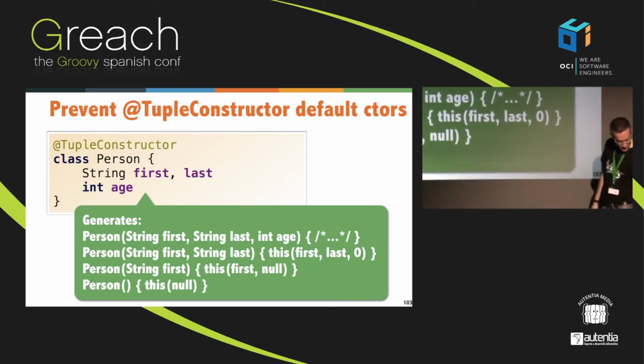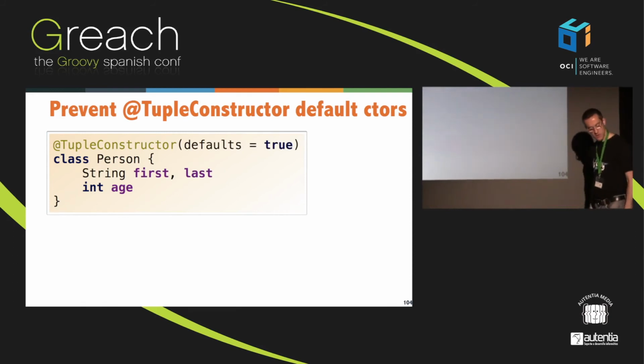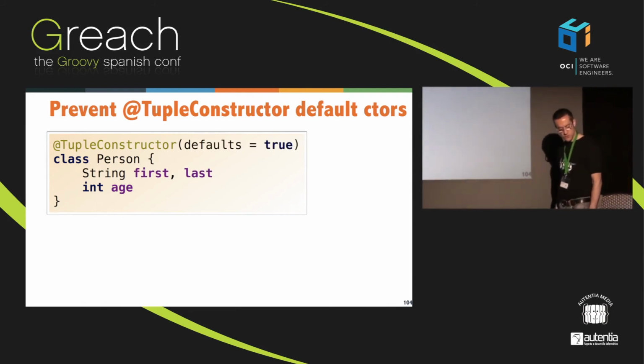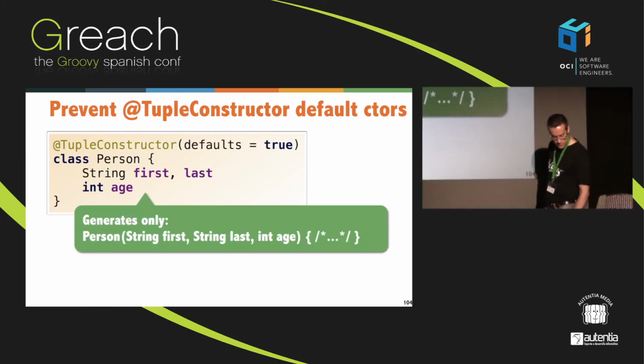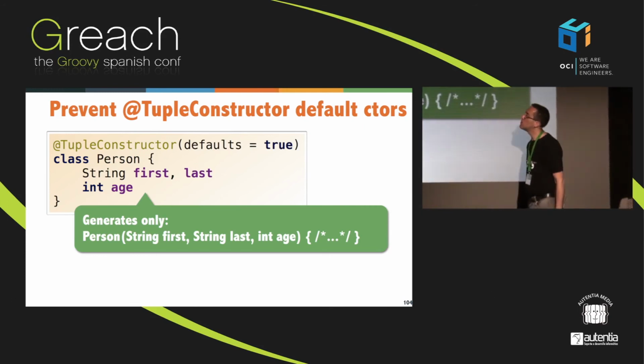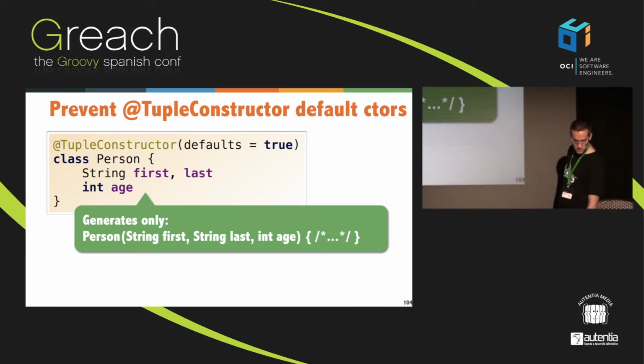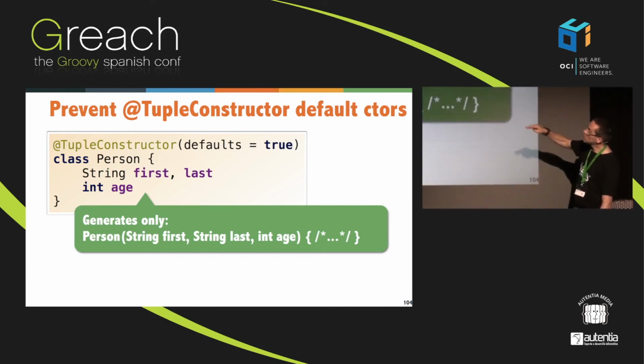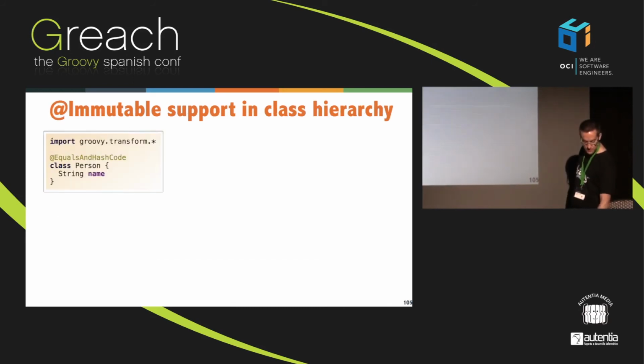And now there's a parameter that you can pass, I'm not sure if it defaults true or defaults false, I'll have to double check, which only generates the big one with all the properties and not all the variants of constructors.